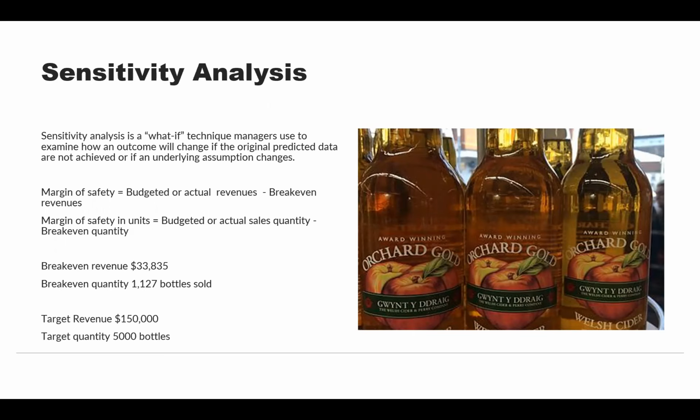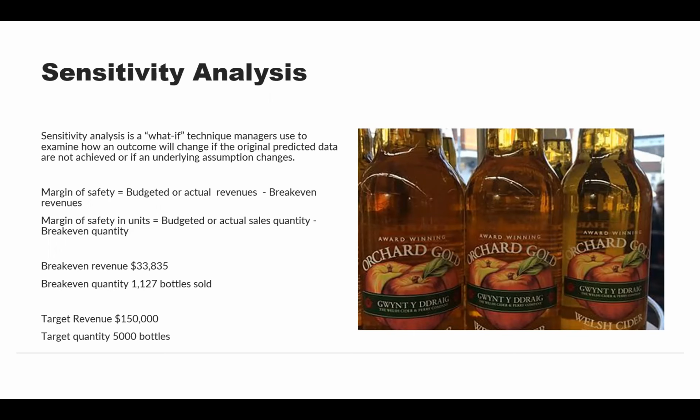So earlier on, when we talked about the orchard, whether or not you want to go and do the sales at this trade show, the break even revenue that you needed to make in order to not lose money by going there was $33,835.